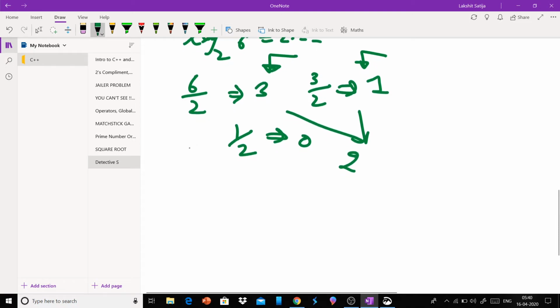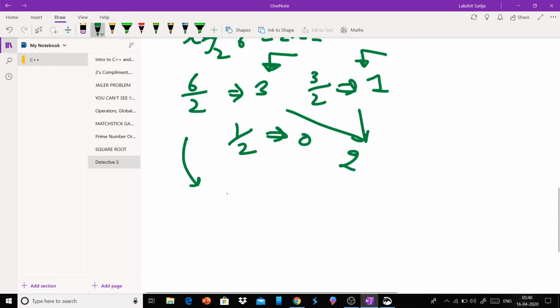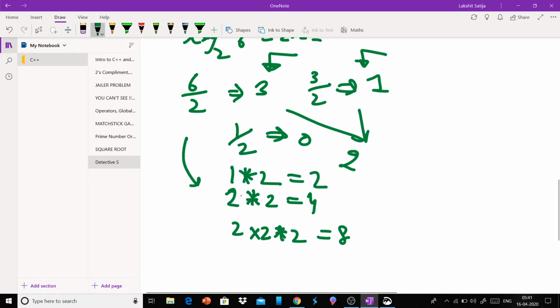Or we can also write it as 1 star 2 is equal to 2, then 2 star 2, which is equal to 4, and again multiplying by 2 gives 8, right?